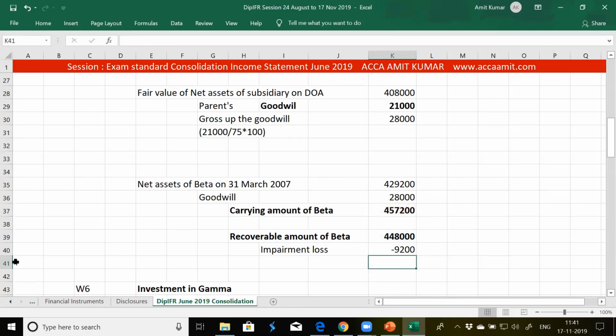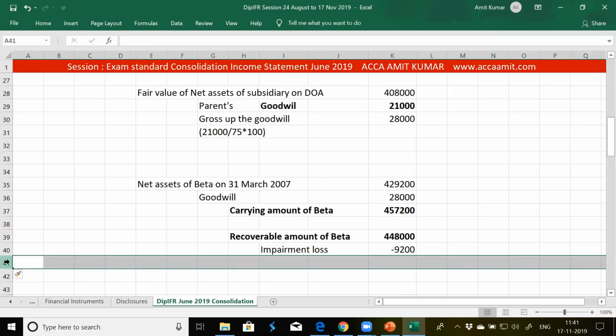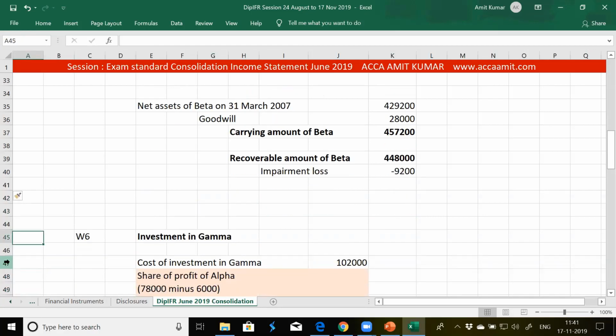How much of this loss belongs to NCI and how much of this loss belongs to the parent? This loss will entirely belong to parent because the goodwill is belonging to parent only. So we'll charge to the cost of sales only the parent's share. The total loss is 9,200, but how much belongs to the parent?